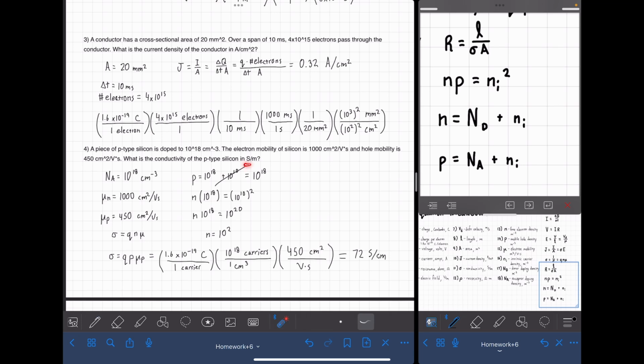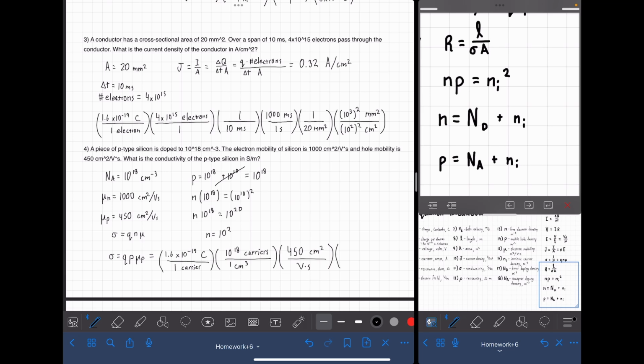It asked for Siemens per meter though, so we're going to have to make another conversion. By multiplying our centimeters cubed by centimeters squared, we end up with just per centimeter.